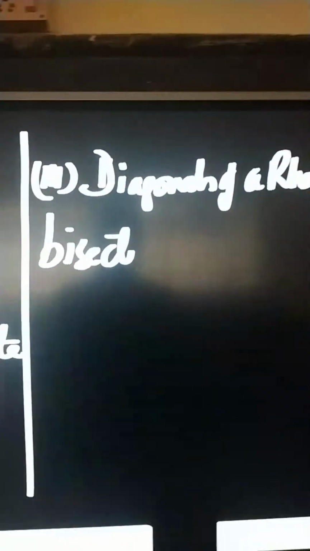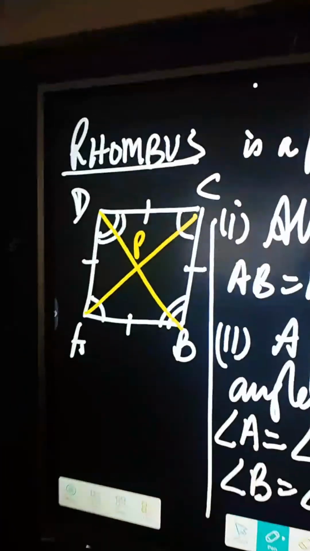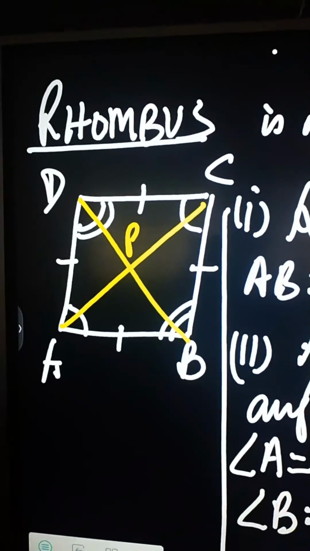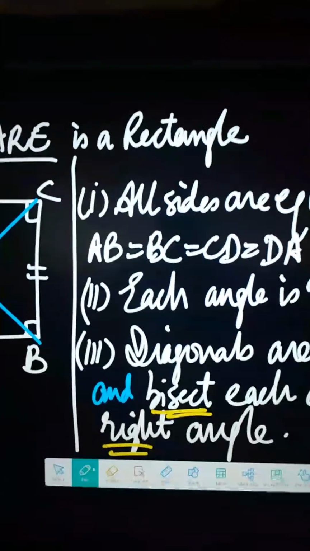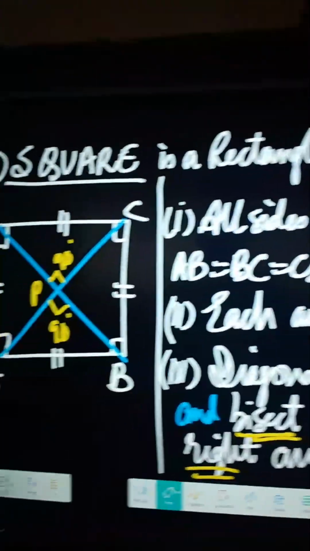Okay, so diagonals of a rhombus bisect each other. But do they bisect at 90? Yes, they bisect each other at 90. This is also the property of a square.